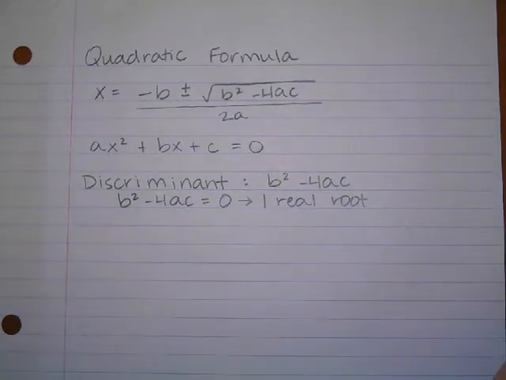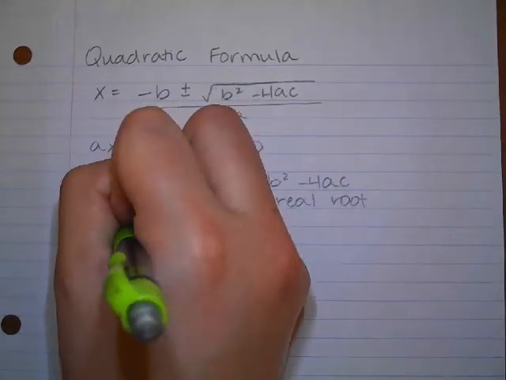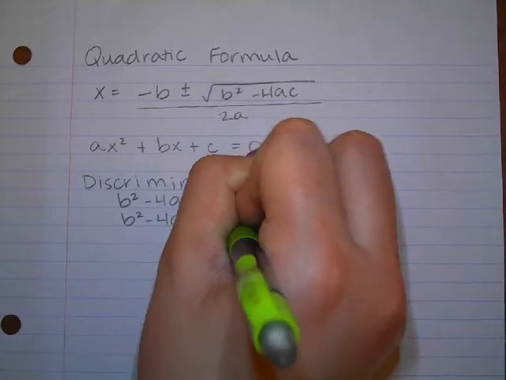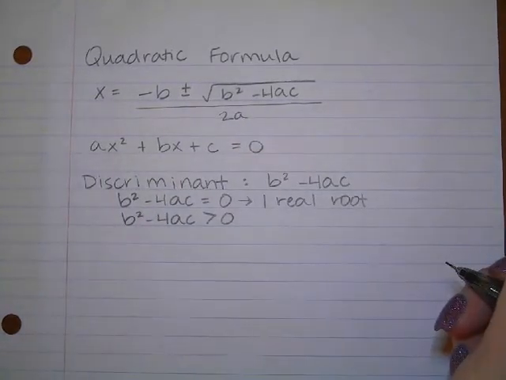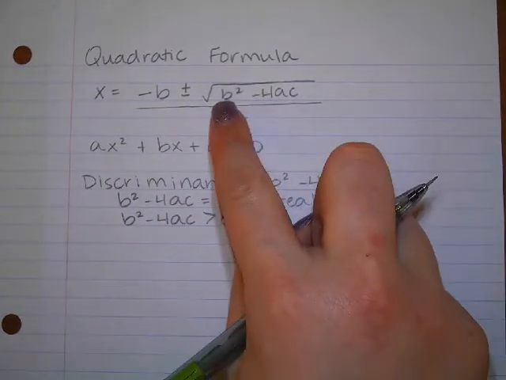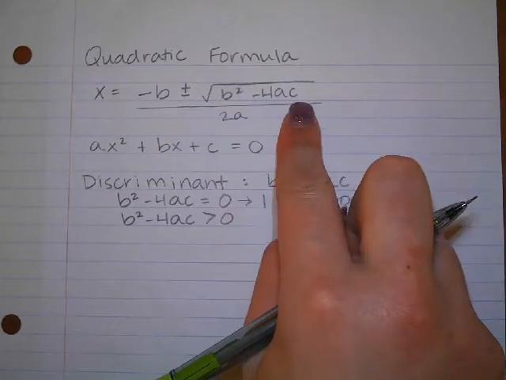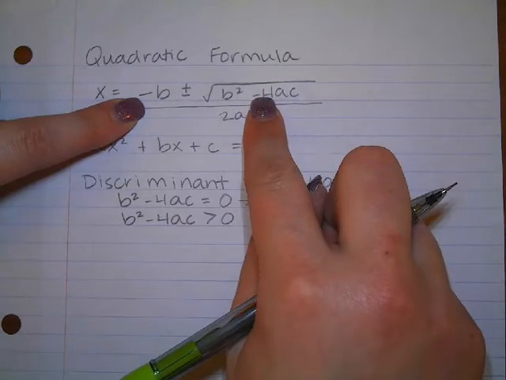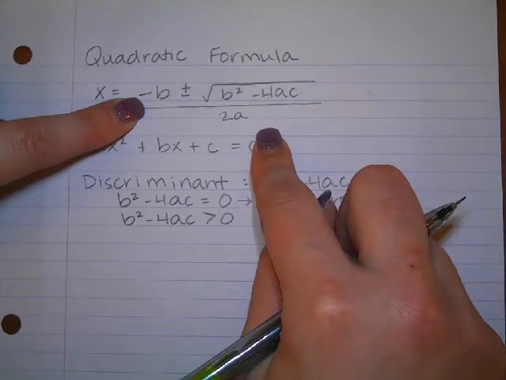Okay. Next, we could have b squared minus 4ac is greater than 0. It's a positive number. So if you have a positive number inside of a square root, then you're going to have negative b plus a legitimate number divided by something. That's going to give you one answer.